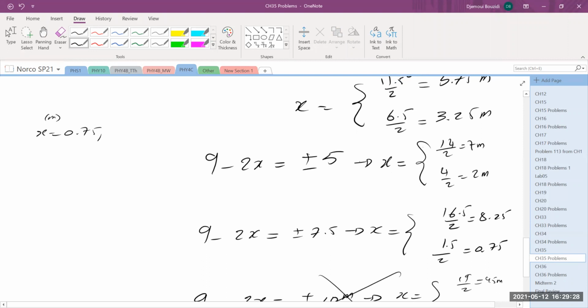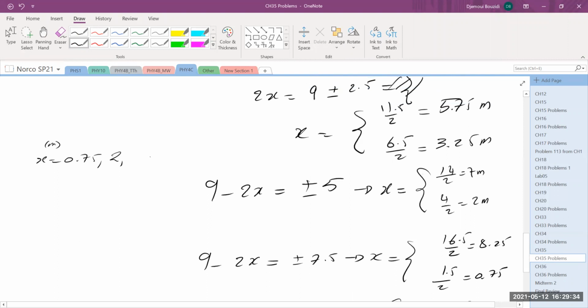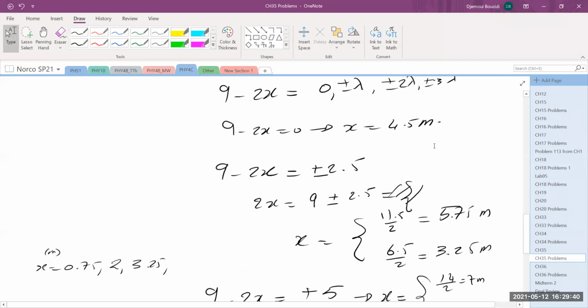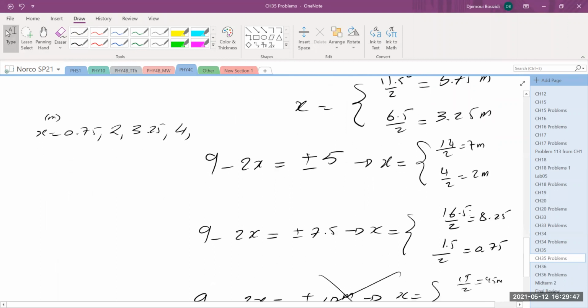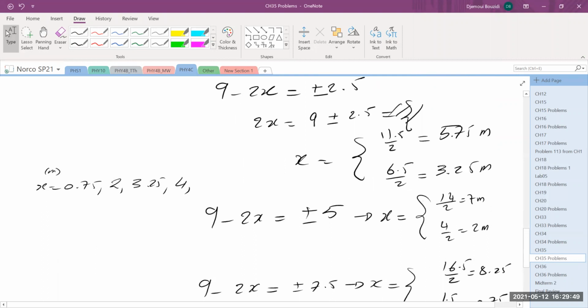So the next value is 2 meters. The third value is 3.25 meters. And the fourth value is smack in the middle, which was the first condition. And then after that comes the next value from this one, which is 5.75.